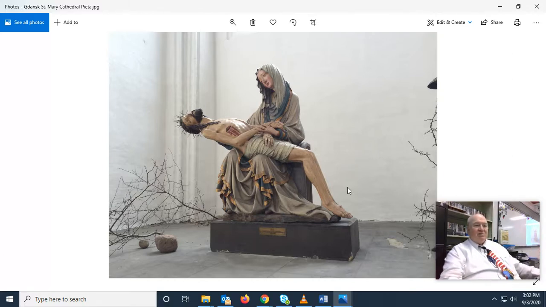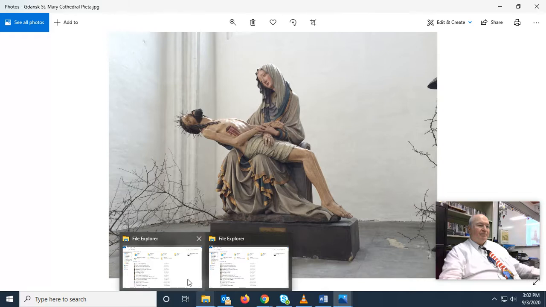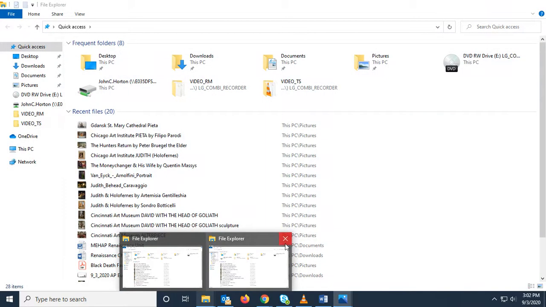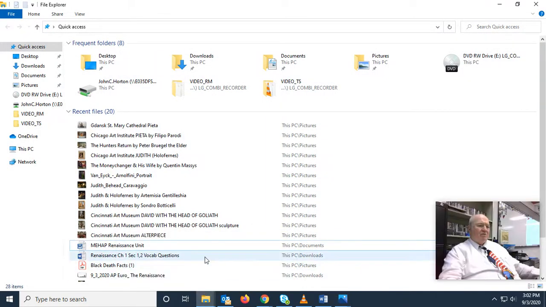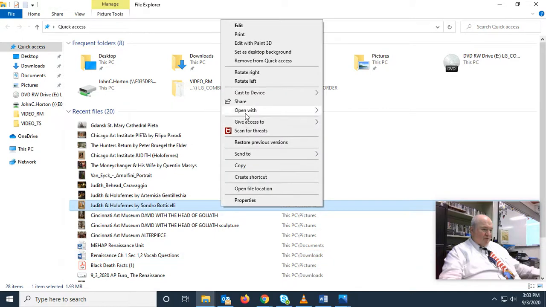Okay, let's look at some of these other pictures. Ones we made reference to yesterday. Do you recall, for example, that we talked about something called Judith and Holofernes. I showed you this picture.